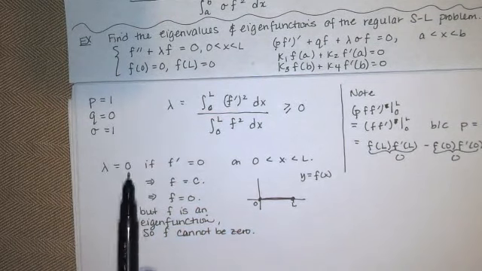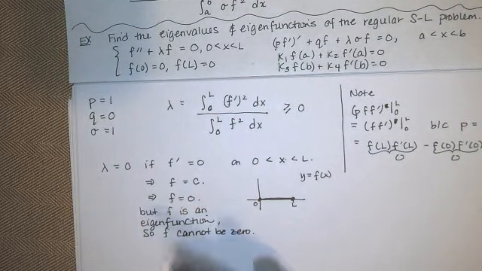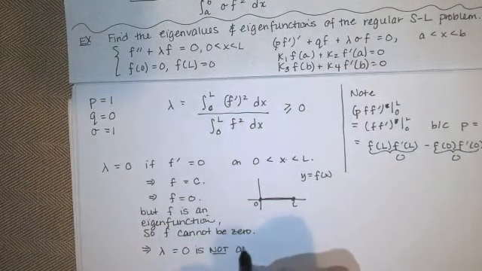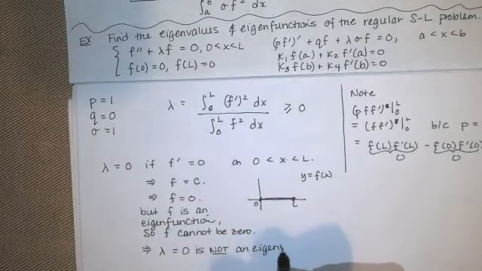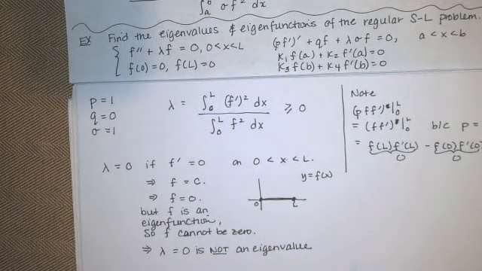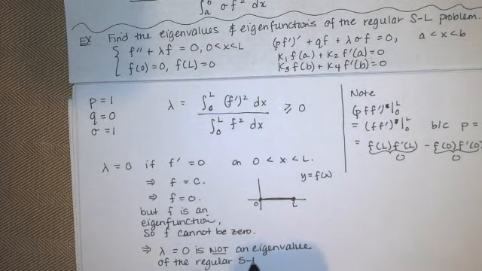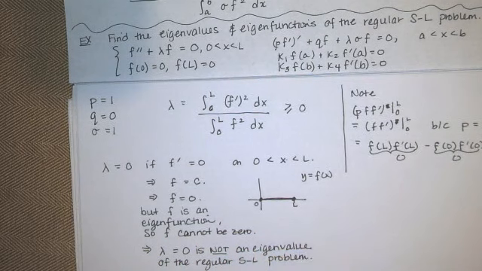It tells you that lambda equals 0 is not a valid eigenvalue of that differential equation. So it's not an eigenvalue of this regular Sturm-Liouville problem, which is a differential equation subject to these boundary conditions.